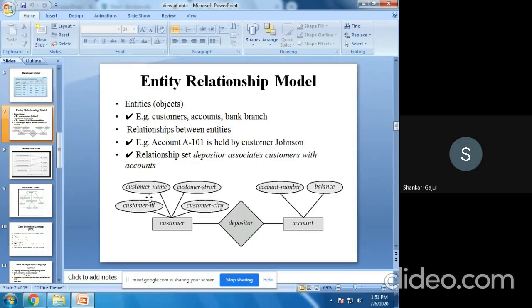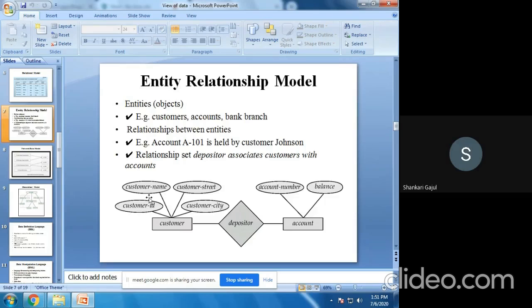An entity is simply a particular thing or object which is different from other things. Suppose I take the customer as one object. Customer ABC should be different from customer XYZ.